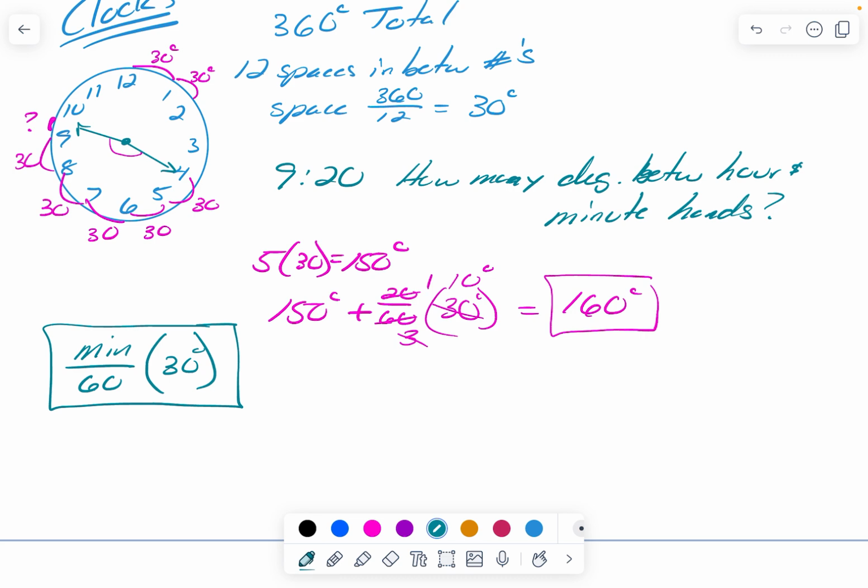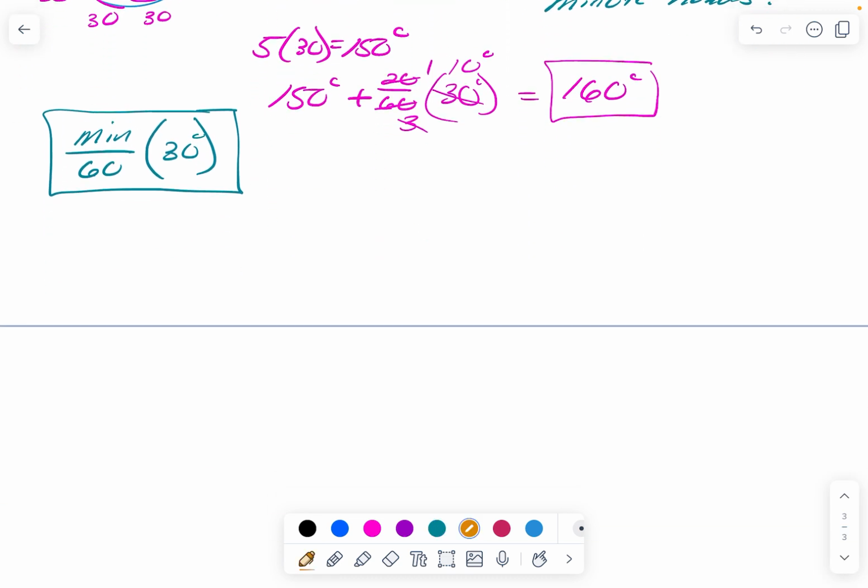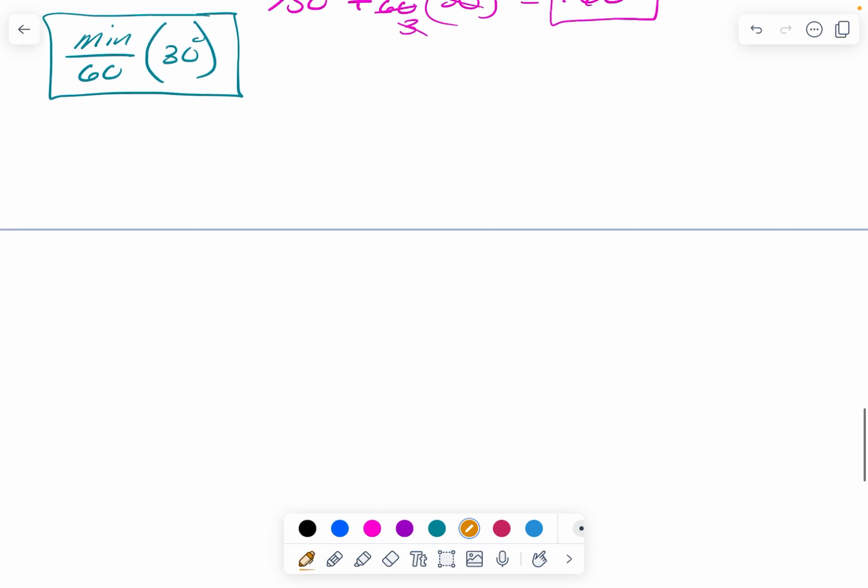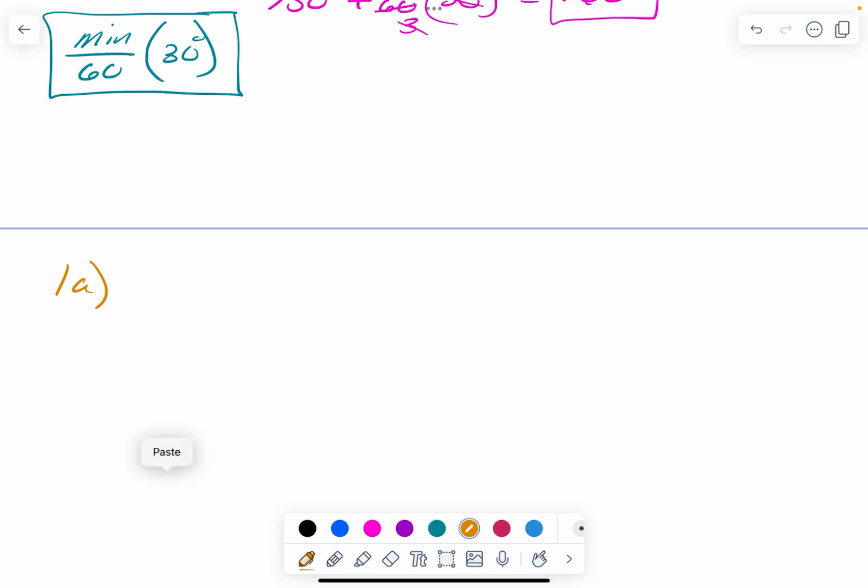Let's take a look at another problem. From the textbook, let's take a look at a few more examples. Number 1A from the text says write in degrees and minutes, and they give you 61 2/3 degrees.